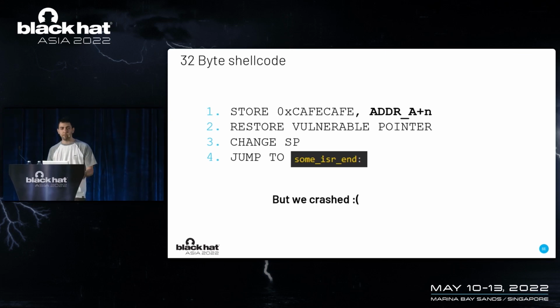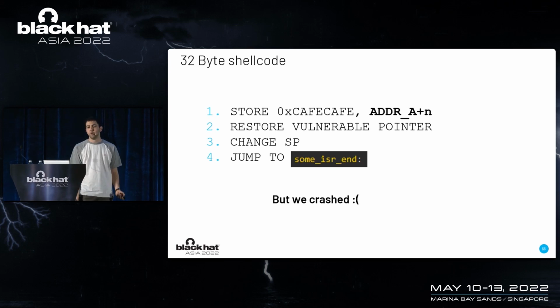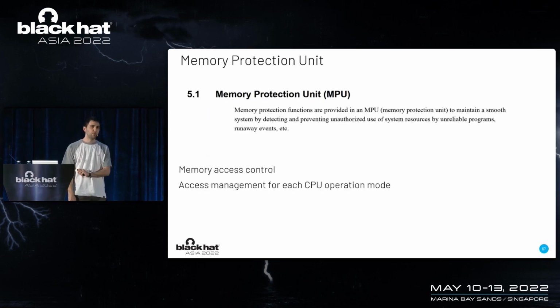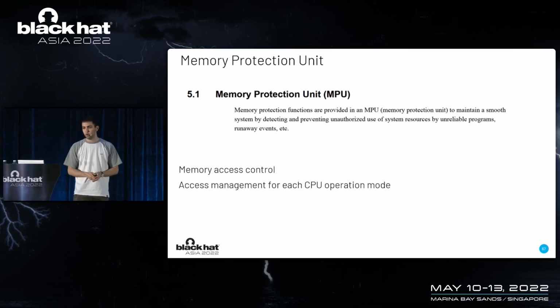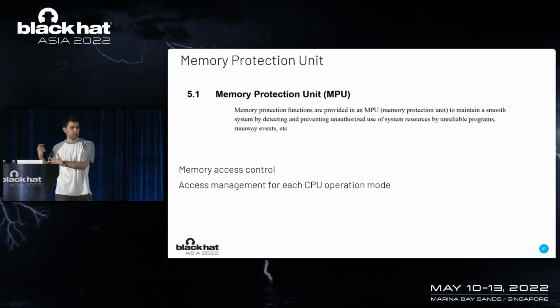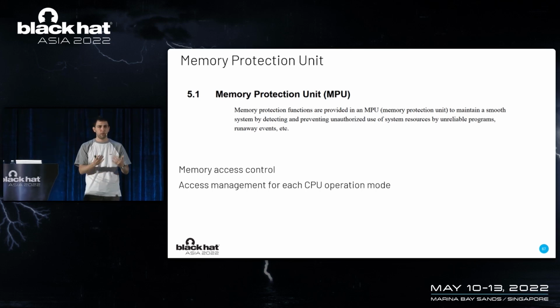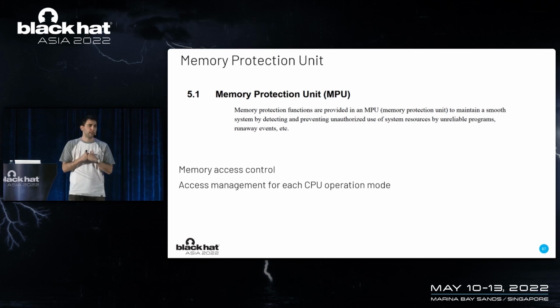We tried it, but somehow we still crashed. And this time, we found out that the MPU, which was weirdly configured, was actually somewhat configured. So this was some sort of a problem because we had other plans for it, but we were reminded that we are running from an interrupt. We are running in supervisor mode.